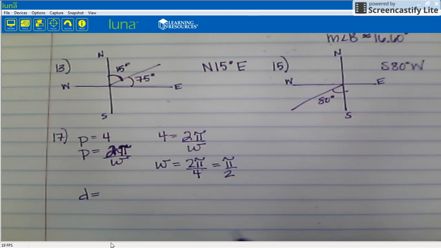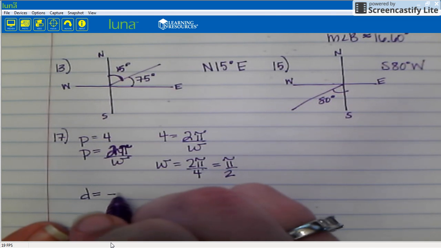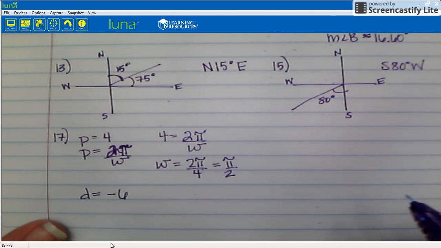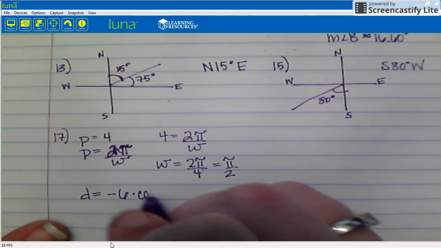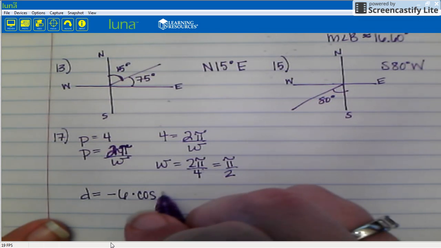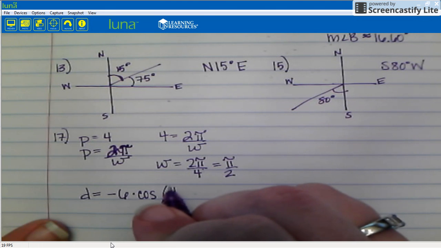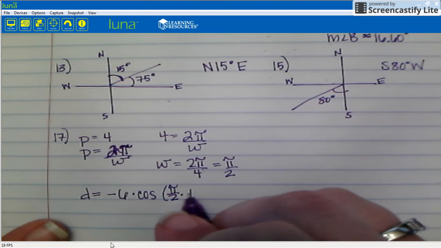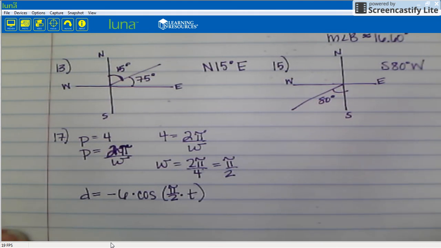So even though they tell me that my amplitude is positive 6 centimeters, I'm starting below the rest line. So that represents a negative 6 distance times the cosine. And my W we found to be pi over 2 times t time. And that's all you do. That's the equation.